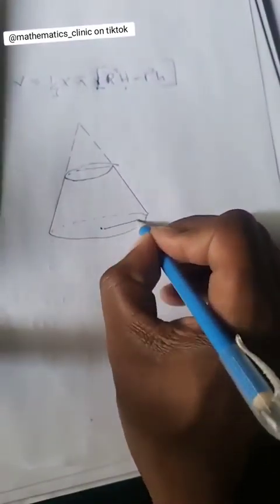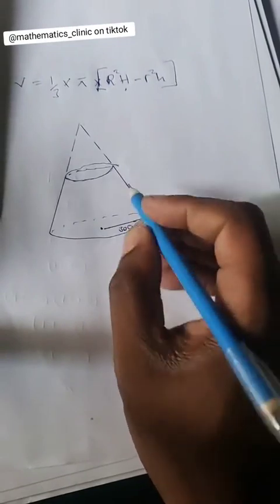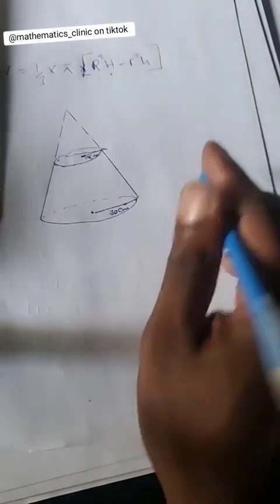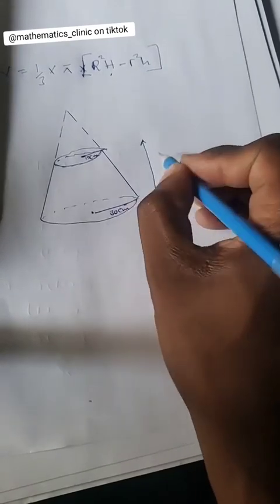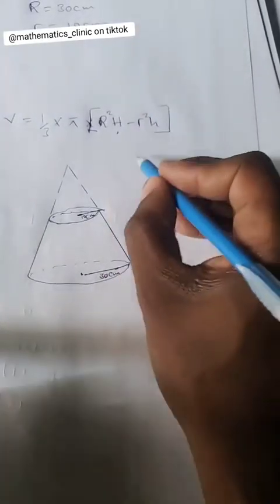The radius is 30 centimeter for the bigger circular part, then the radius for the smaller circular part is 10 centimeter, and the height of the cutout is 40 centimeter.